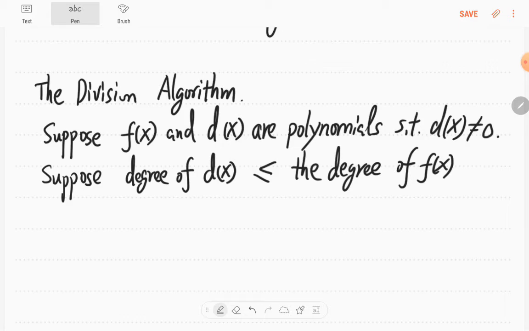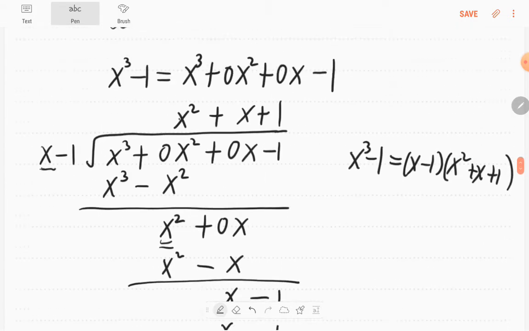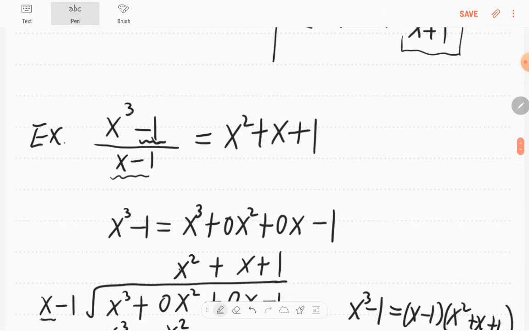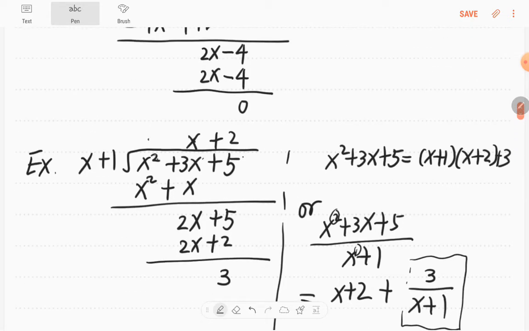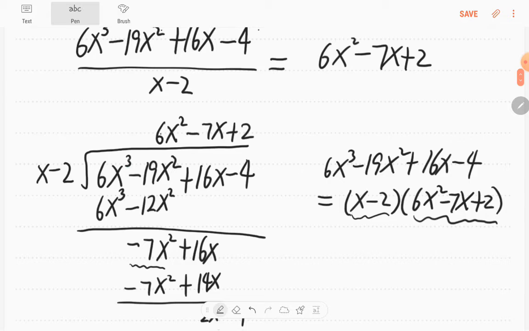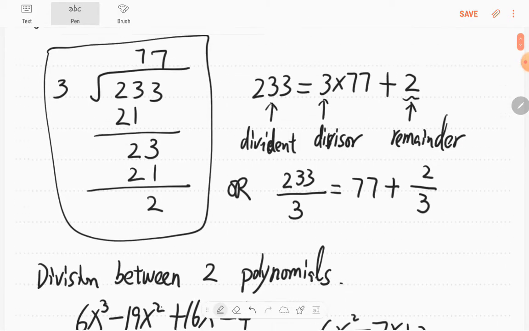Okay, so you can see from the previous examples, every term, so this one, the degree is bigger than this degree, right? And here this degree is 2, here this degree is 1. So here the degree is 3 and this degree is 1, right?